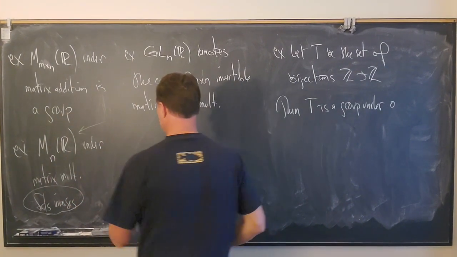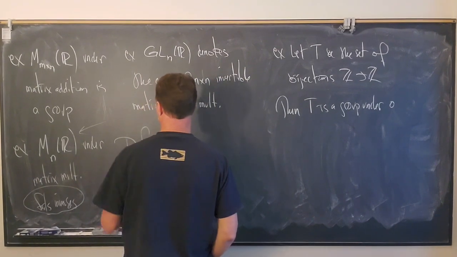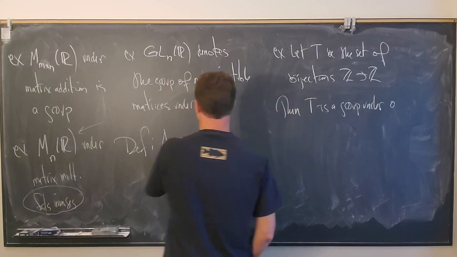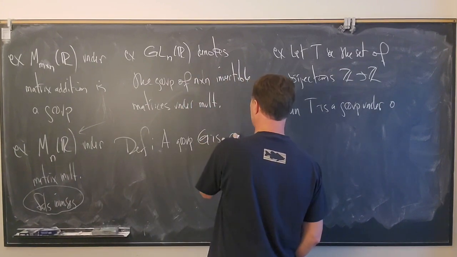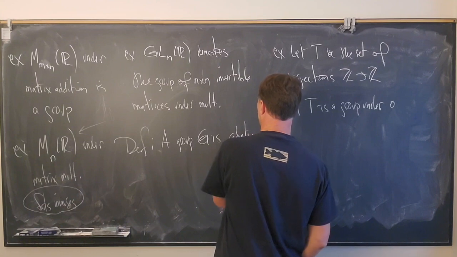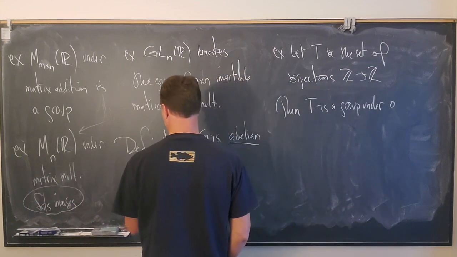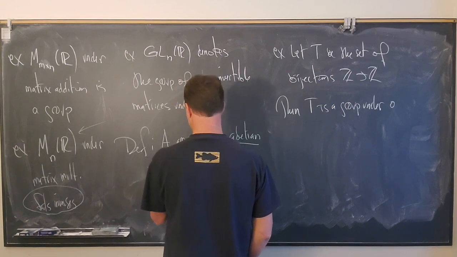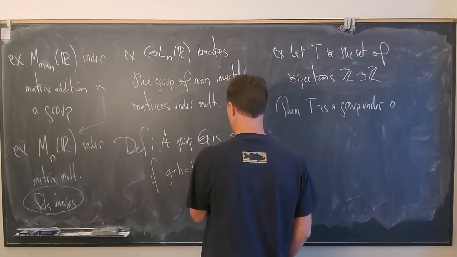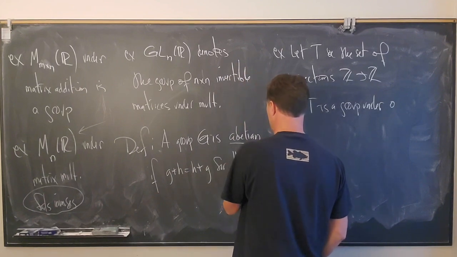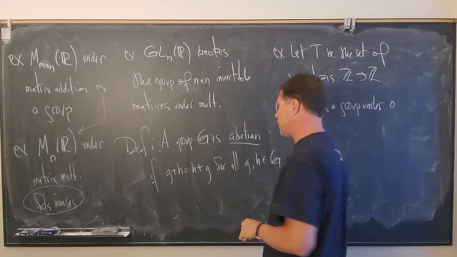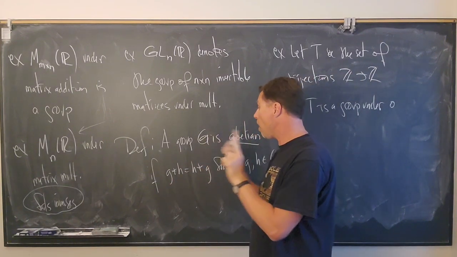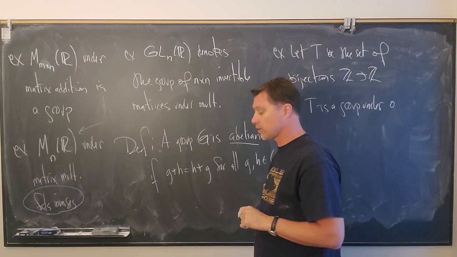Let's end with this definition here. So a group G is abelian if, let's say, g star h equals h star g for all little g and little h in capital G. So if you can perform the operation in either order for all possible choices of elements, then you say that the group is abelian.